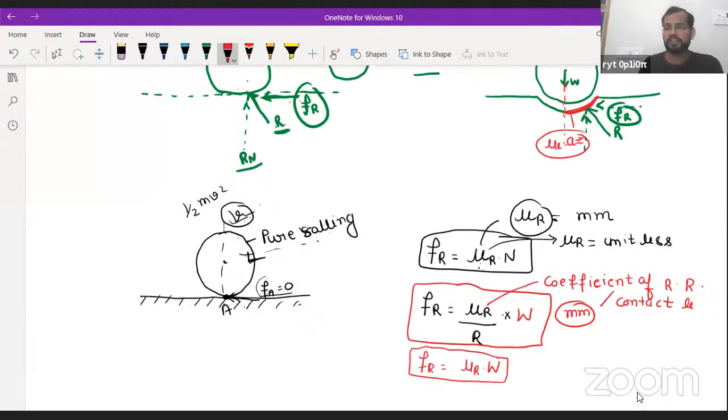There is one more definition which I have told that I will discuss after this concept only. So what is the next? What is another definition of rolling resistance?